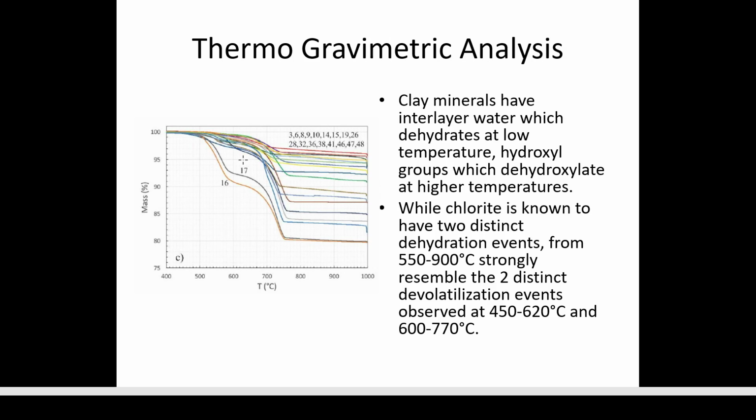Another analysis that we did is thermogravimetric analysis. This was done to identify the different rates at which the samples dehydrated and dehydroxylized.